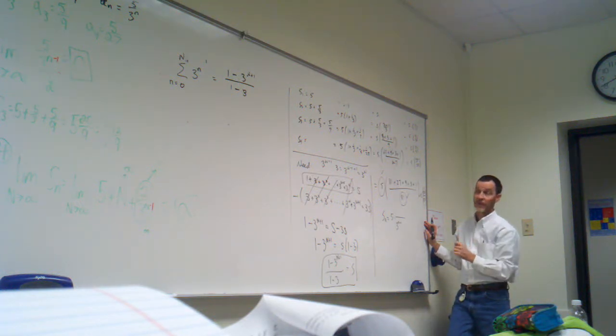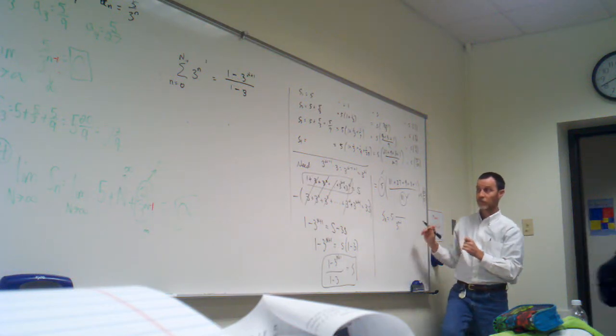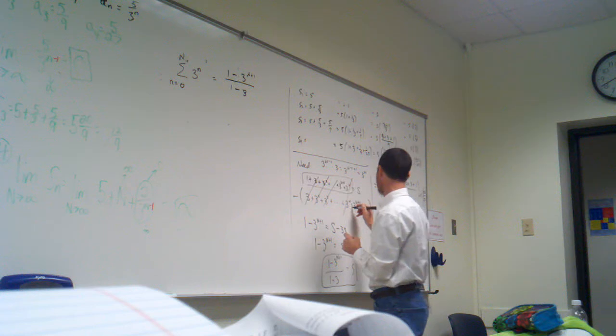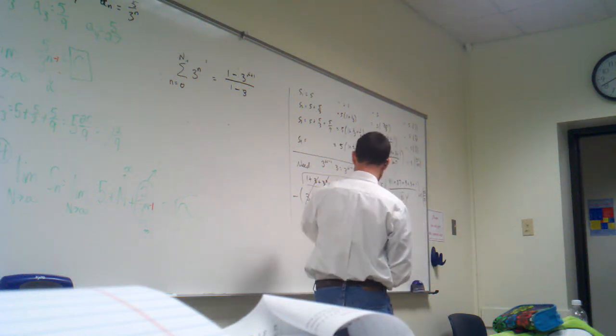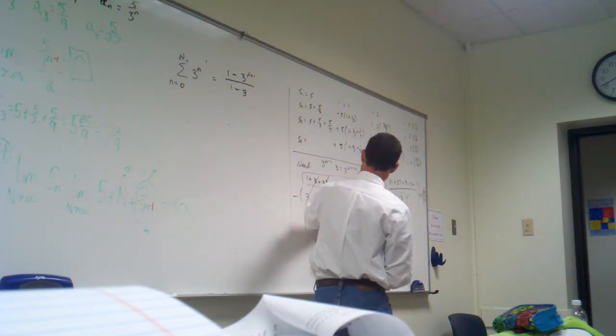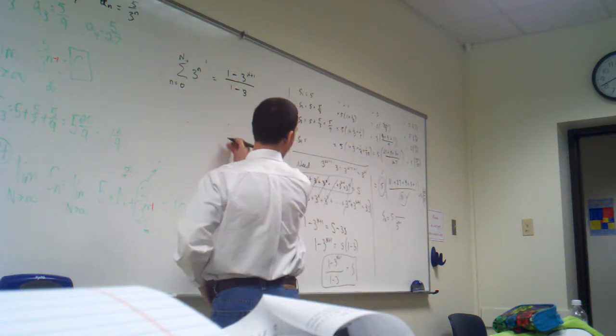You see on the top where you subtracted it, you had the 3 to the n minus 1 at the top. You got the 3 to the n plus 1 at the bottom. Where did the 3 to the n minus 1 go? Let's forget n for a second.